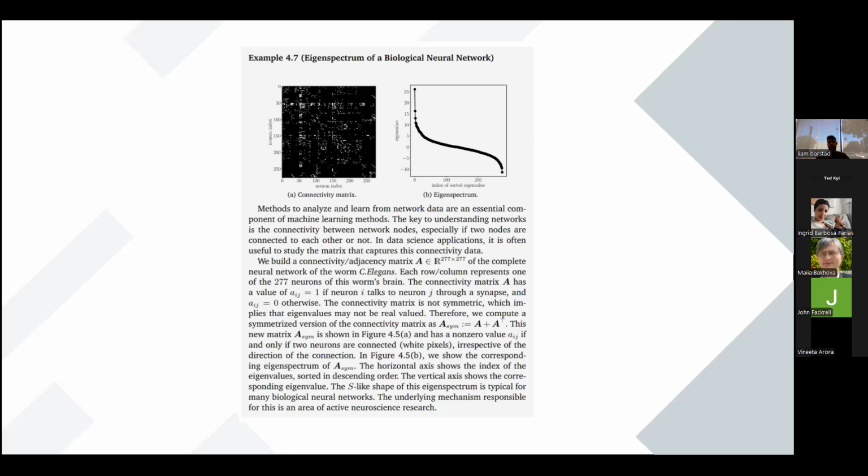So that's a fast way to calculate powers of any given matrix. Yes, absolutely.